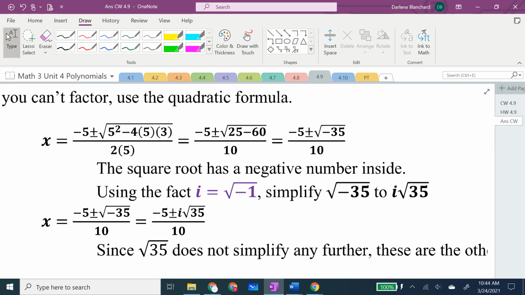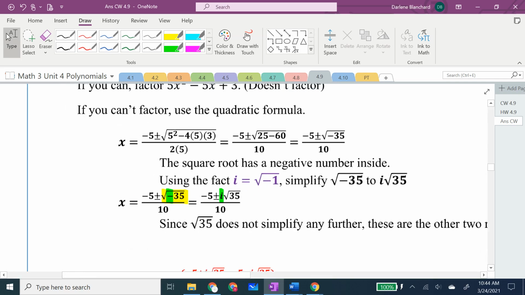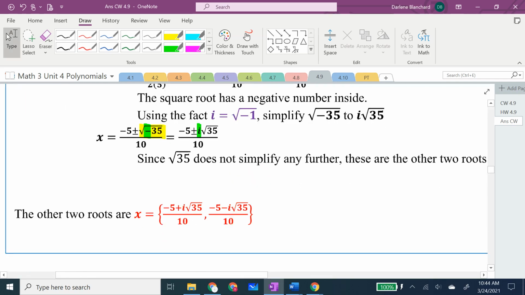Anytime you're doing quadratic formula and you have a negative number under the square root, the first thing you will do is make that negative 1 inside the square root become i outside the square root, and then the positive number is left in the square root. And the square root of 35 cannot be simplified as far as square roots are concerned. So there you go. Those are your other two roots.